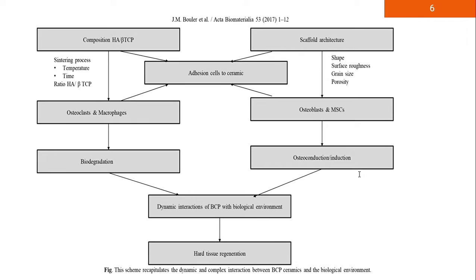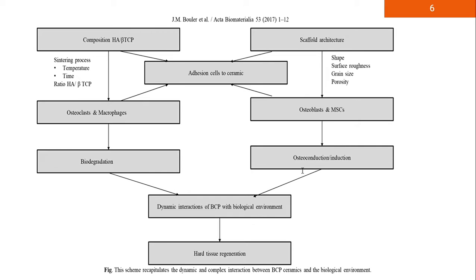The commonly seen modification units are shown in the diagram. As mentioned, depending on the percentage of each phase, we change the degradation. After implanting the material, the newborn bone replaces the implant with rapid resorption, similar to the function of the osteoclast.